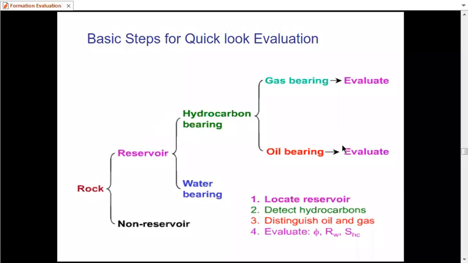To be evaluated in 4 steps: the first step is to locate the reservoir, the second step is to detect the hydrocarbon type, to distinguish between oil and gas, and the 4th step is to evaluate and compute the porosity, the formation water resistivity, and the hydrocarbon saturation.